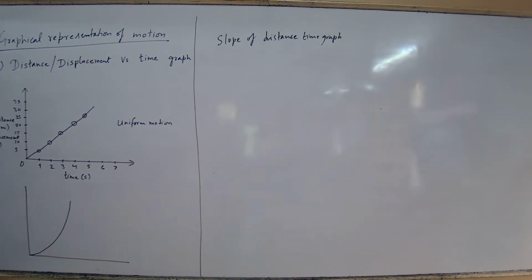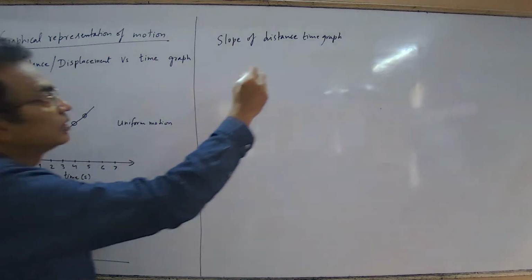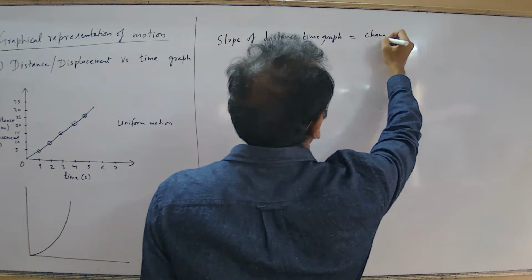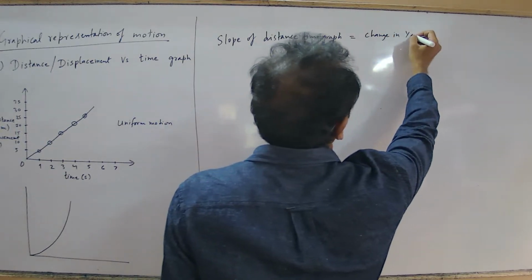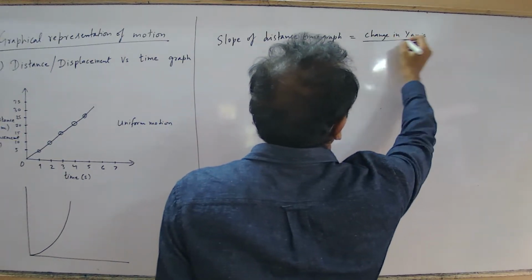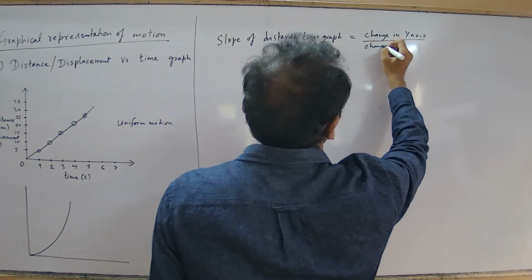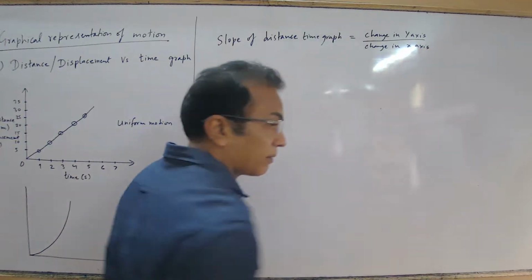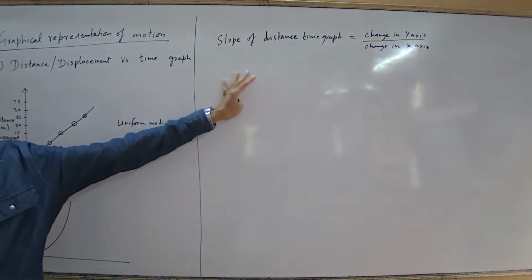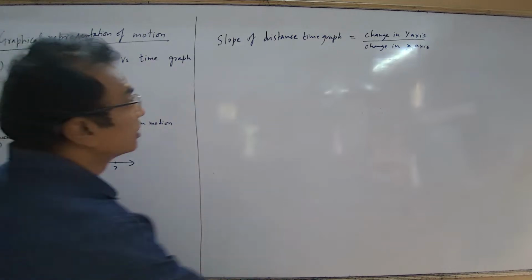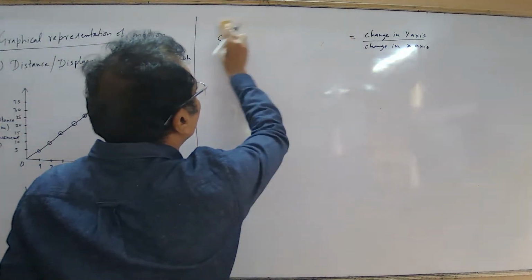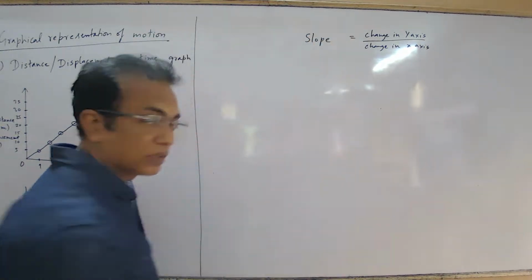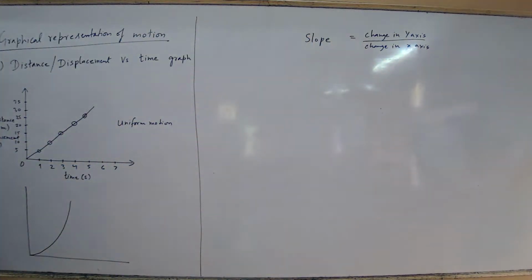Which means it is given as change in y-axis with respect to change in x-axis. This is the general formula of slope. Just write slope. You will study about slope in mathematics.